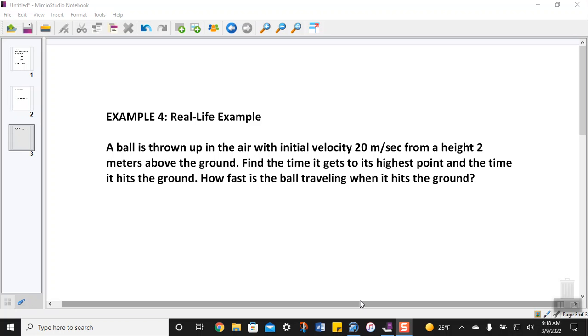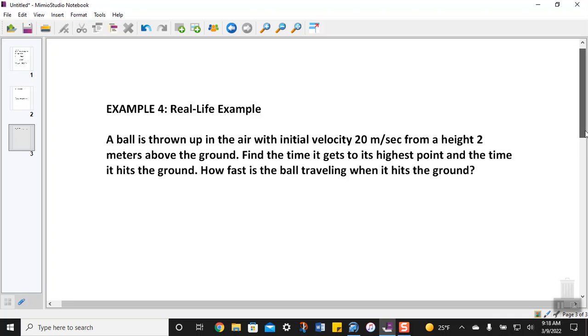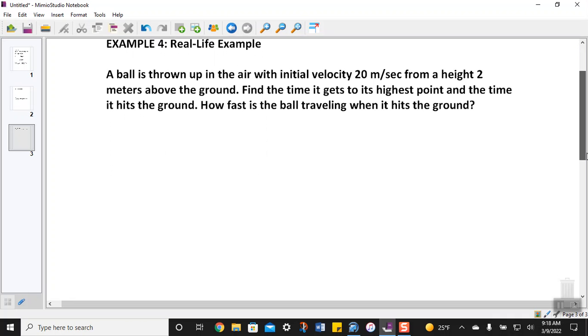A lot of assumptions we're going to need to make here, okay? So let's first draw a diagram of what's happening here. There's this ball that's being thrown up. I'm going to say that this is ground level right here. Now we're going to assume it's thrown straight up in the air, but it starts at a height of 2 meters above the ground, right?